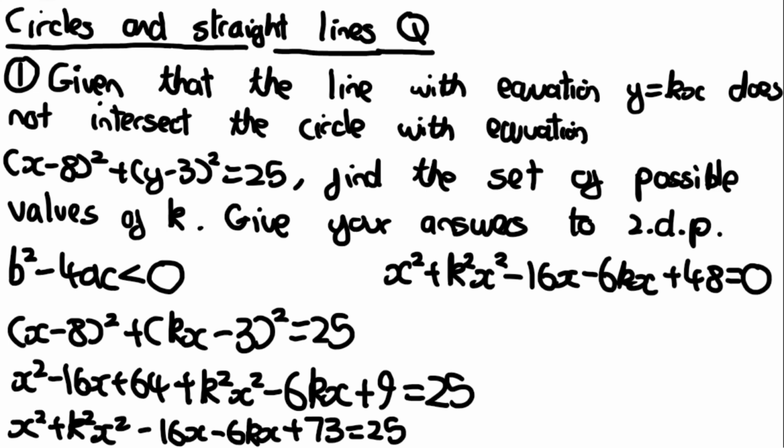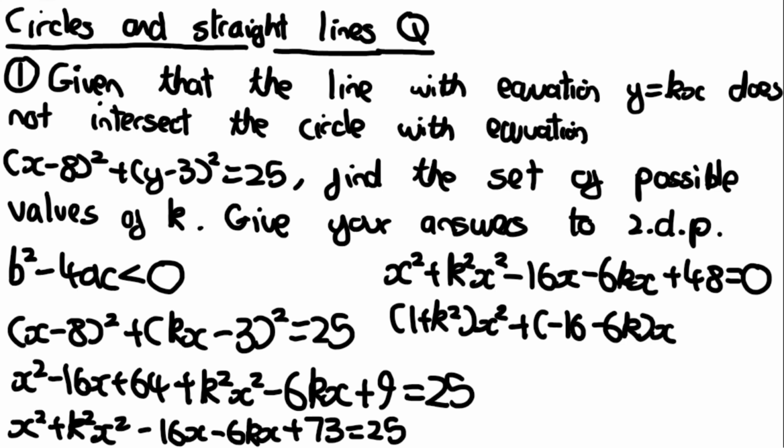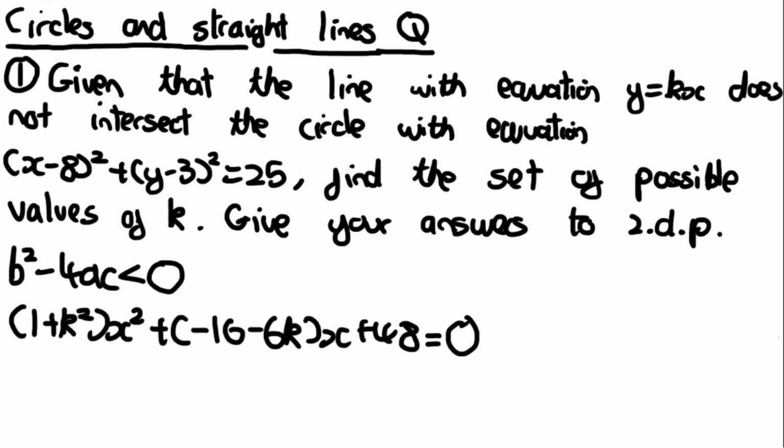Now you don't need to do this, but just for simplicity, just to show what a, b and c is, we can just factor this slightly and do (1 + k²)x² + (-16 - 6k)x + 48 = 0. This is just to clearly show what a, b and c are going to be when we sub it into this equation here. So I just had to clear some space.